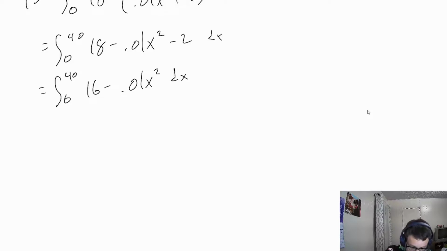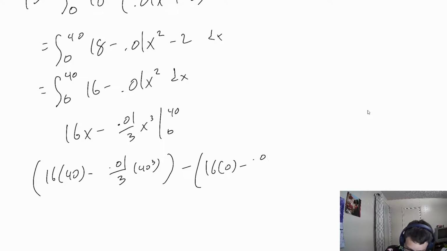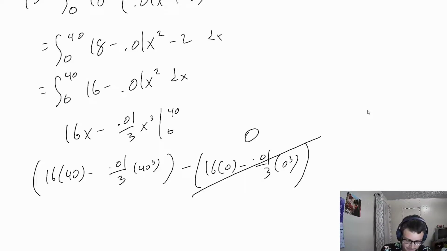So now we can take an antiderivative and evaluate. So we get 16x minus 0.01 over 3 x cubed, evaluated from 0 to 40. This gives us 16 times 40 minus 0.01 over 3 times 40 cubed, minus 16 times 0 minus 0.01 over 3 times 0 cubed. So that's just 0.